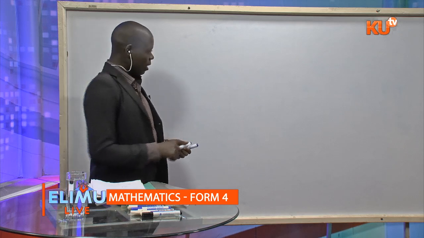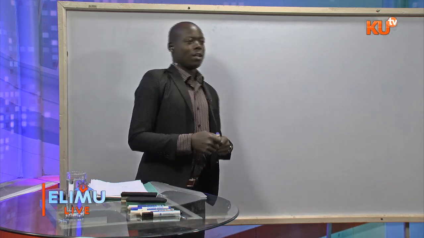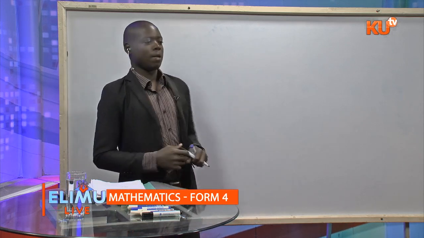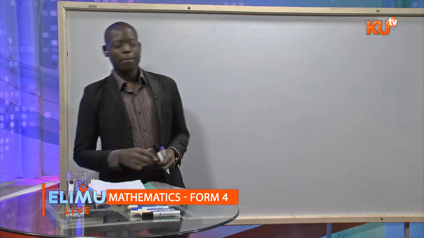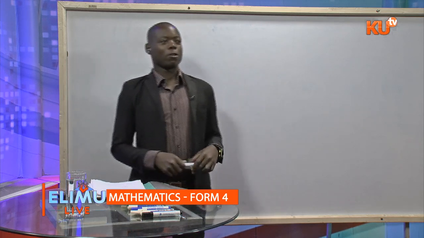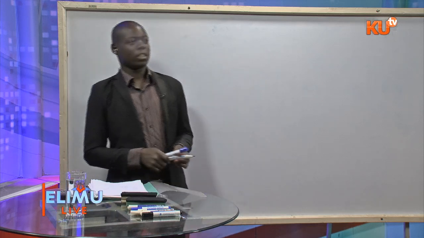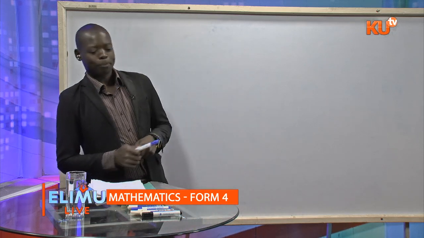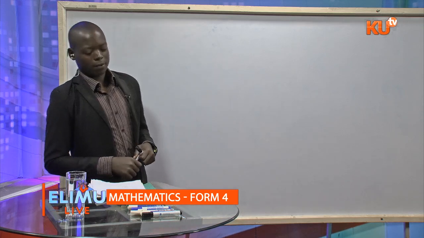As a candidate, I believe that you are prepared and well furnished with the following requirements that we need in mathematics, so that when you are revising, you should always have them. The very important one is a calculator, because that is one of the requirements that the Kenya National Examination Council requires us to be able to use in an examination room. You must also have a mathematical table, which is also very, very important.